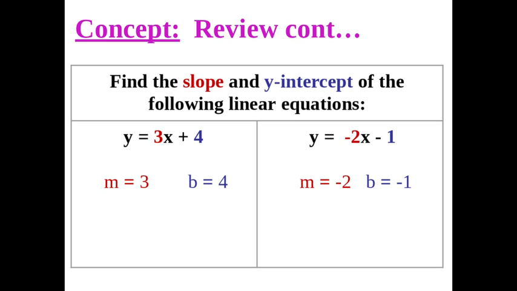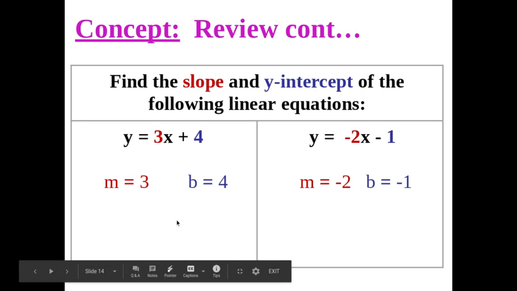So we can plug in any point on a line. If you want to do 2 for the x and 3 for the y, you can do that. You can plug in any point that you want on a line, and you can find the answer to this.